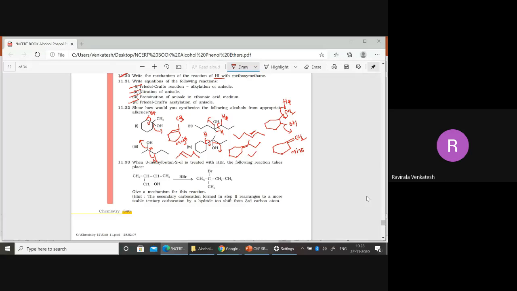Try all these hydrogens, which are the beta hydrogens, and wherever we get the more substituted double bond, that is according to the Saytzeff rule. We discussed this topic in the properties of alcohols, conversion of alcohols into alkenes, the Saytzeff rule. Just read that one.